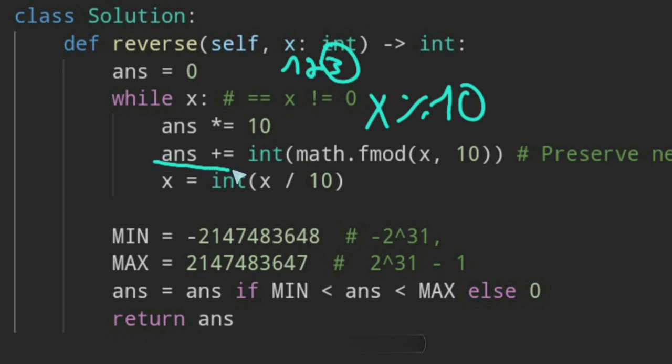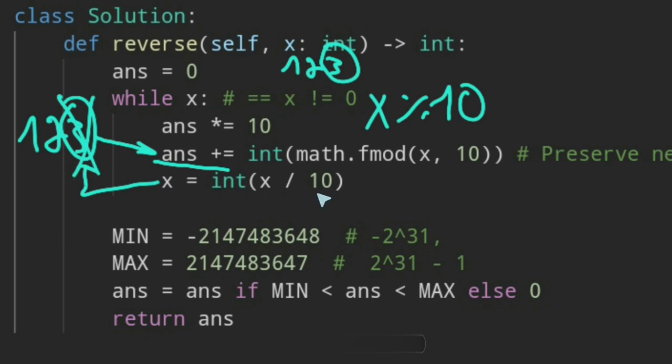Each iteration, we take one of the digits, we do mod, we add it to the answer. But now in the next iteration of the loop, we would need to get 2. So we want to get rid of 3, and this is what we are doing here. We divide the number by 10, so we get rid of the 3, and then we do mod, and we take the last digit.